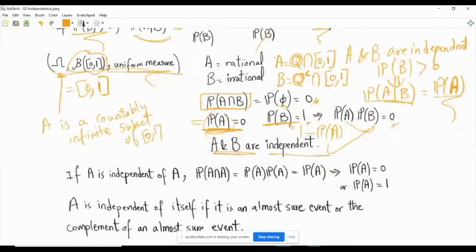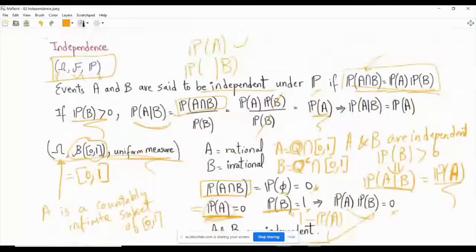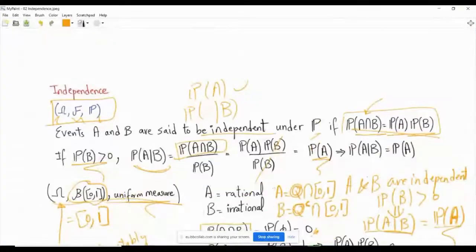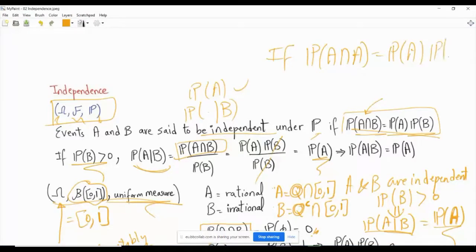If you think about the mathematical definition, you find that actually this question is very valid. So when is an event independent of itself, just mathematically using the definition? If the probability of A intersection A is equal to the probability of A times the probability of A, then A and A are independent. A is independent of itself.